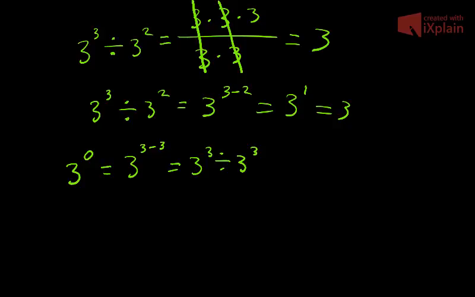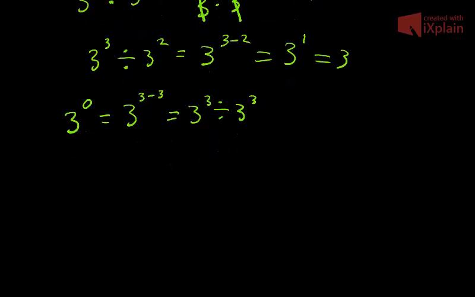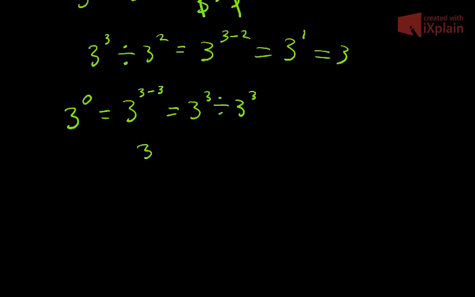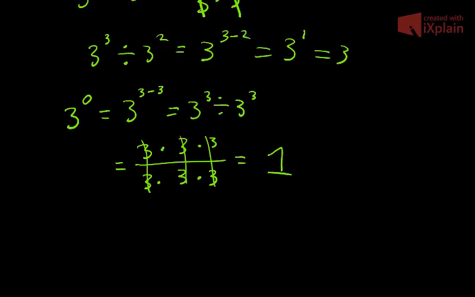And all of these are saying the exact same thing. So now, what I can do is take 3 times 3 times 3 divided by 3 times 3 times 3. All of these cancel, which gives me just a 1. And I can do this with any number I like. So anything to the power of 0 is going to equal 1.